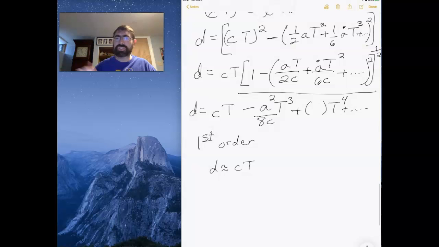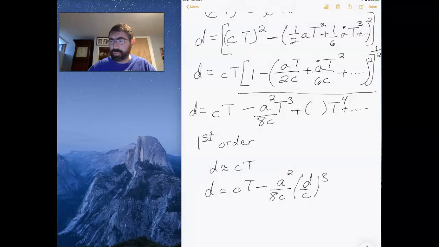If we include just the second order term, then d would be approximately ct minus a squared d cubed over 8c cubed.